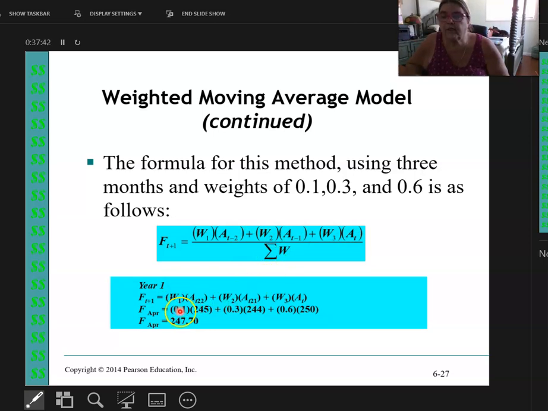So here's the formula: 0.1 times 245 plus 0.3 times 244 plus 0.6 times 250. This was January, February, March, and these were the weights for January, February, March. And so actually April is anticipated to be 247.70.